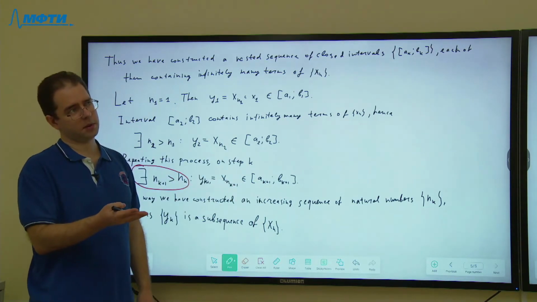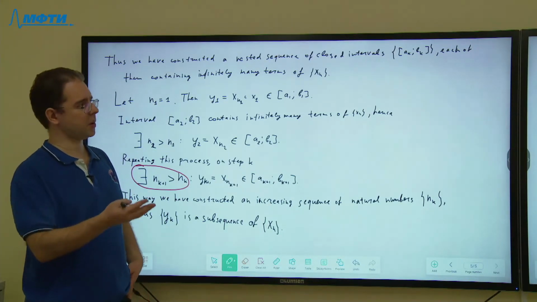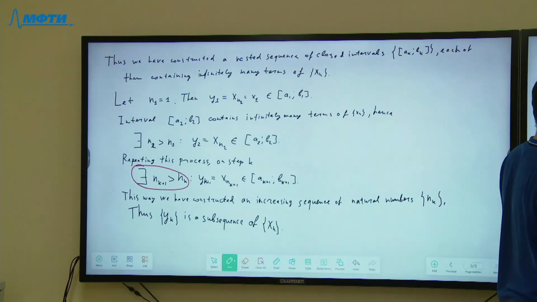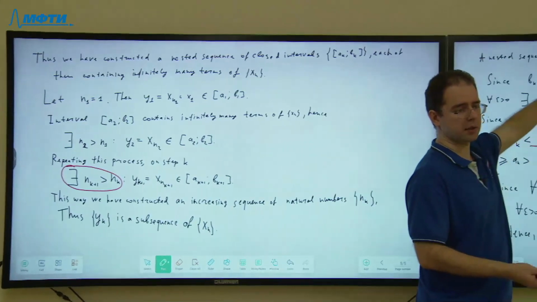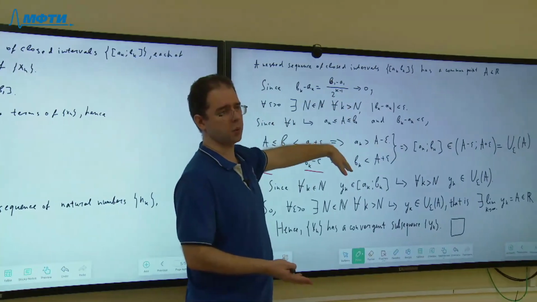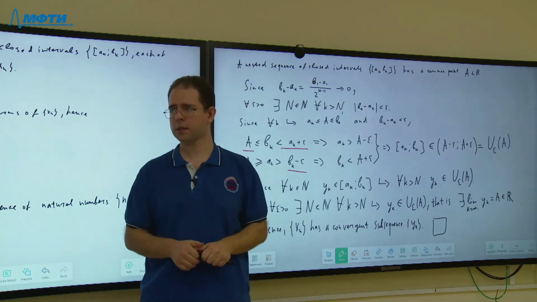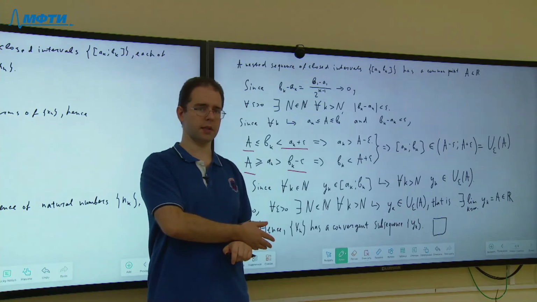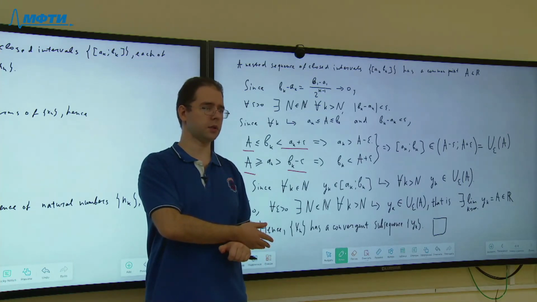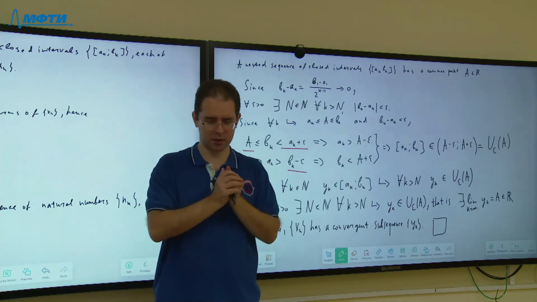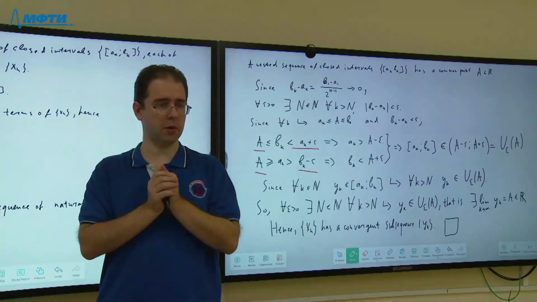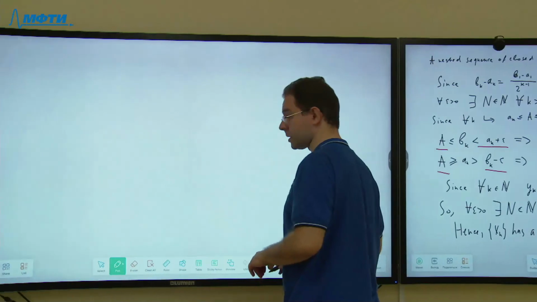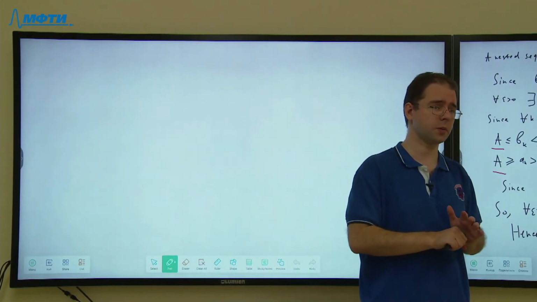I could have constructed a sequence of terms of my original sequence, and then this last part would totally work, and thus I would have a convergent sequence of terms of my original sequence. Why is it not good enough? Think about it yourself. Let's move on, unless there are any questions for this topic.